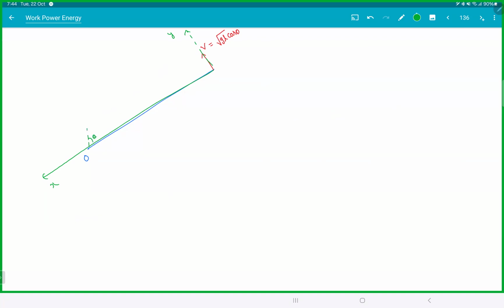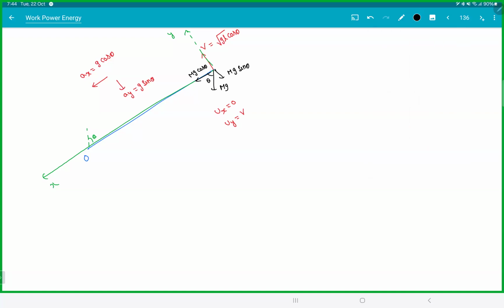Remember, you have taken this as theta. So if you take mg here, this is theta. So components will be mg sine theta and mg cos theta. That means your acceleration in this direction, ax, will be g cos theta. Acceleration in this direction, ay, will be g sine theta. And initially velocity ux is 0 and uy is v.